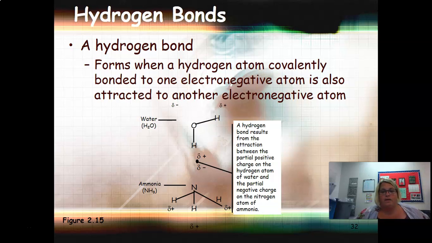Think of water. The hydrogen bond results from the attraction between the partial positive charge on the hydrogen atom and the partial negative charge on the nitrogen atom for ammonia. So when you look at water, your slightly positive hydrogen is attracted to your oxygen with the negative charge. The same is going to go on with ammonia.